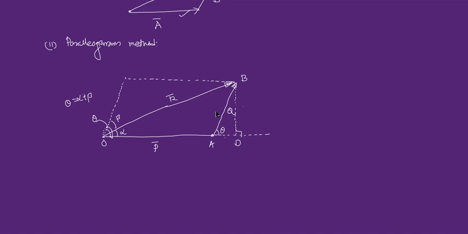Therefore, writing this, it is P square plus, now I can take these two terms, so it is Q square into the bracket cos square theta plus sin square theta, and plus twice PQ into cos theta.